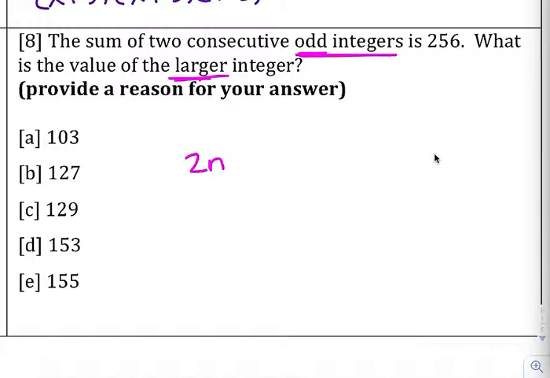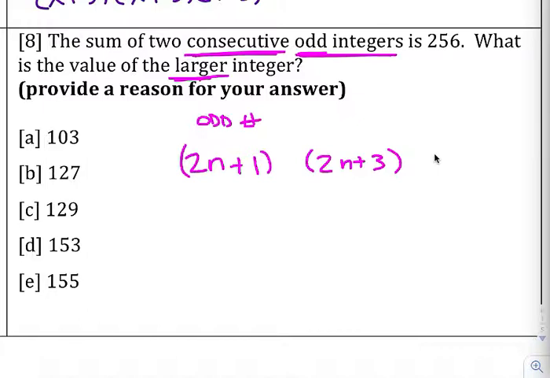If you think about the patterning of numbers, they go even, odd, even, odd. So if 2n is always even, 2n plus 1 is always going to be odd. And so this represents any odd number. Now we want two consecutive odd numbers, which means we want the one right after this. If 2n plus 1 is an odd number, then 2n plus 3 would be the next odd number after it.